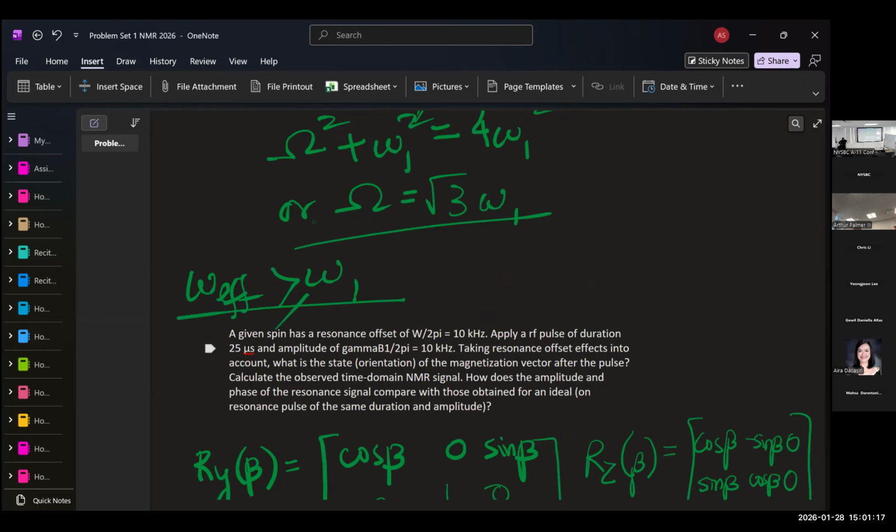For an NMR spectroscopist, an angle is almost always a frequency times a time. Anytime you're thinking about angles, you're wondering what frequency am I talking about? What time?